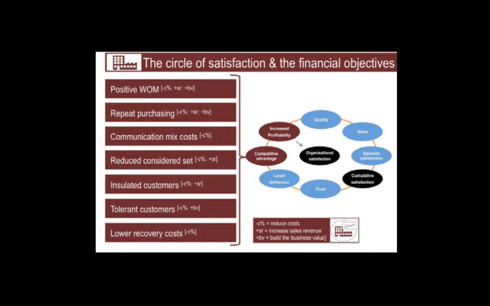All of these reasons will assist in obtaining the financial objectives of marketing, which are reduce costs, increase sales revenue, and build the business value. The achievement of the financial objective will ideally increase profitability for the organization, which will then achieve organizational satisfaction.